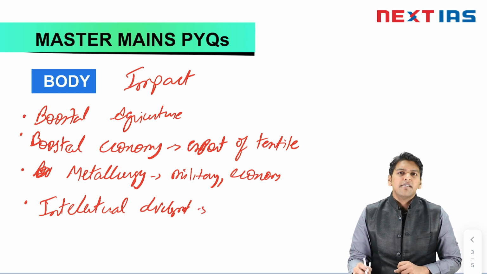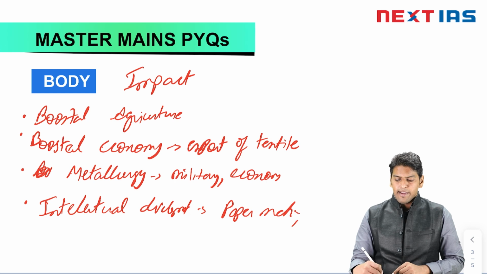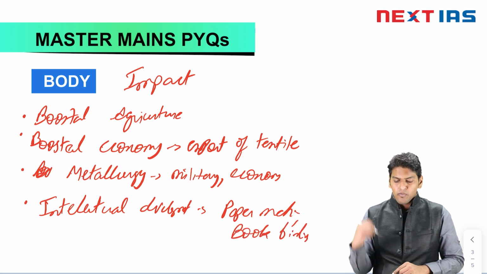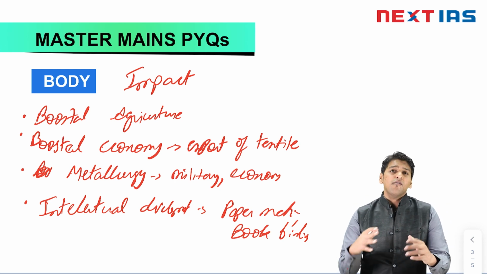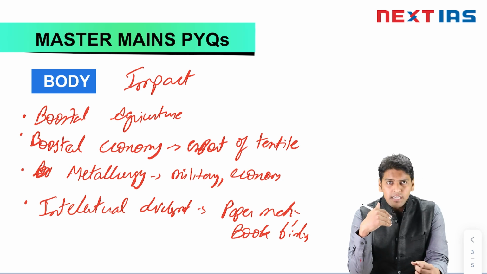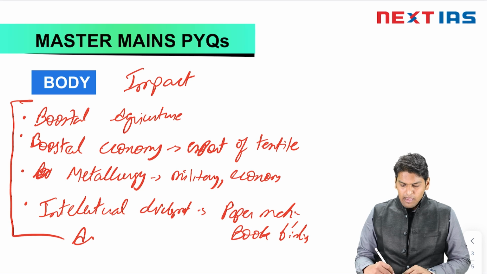Next, we see the intellectual development, the process of paper making and bookbinding helped in advancement and promotion of general learning and literature. Next impact, we see the impact of architecture.